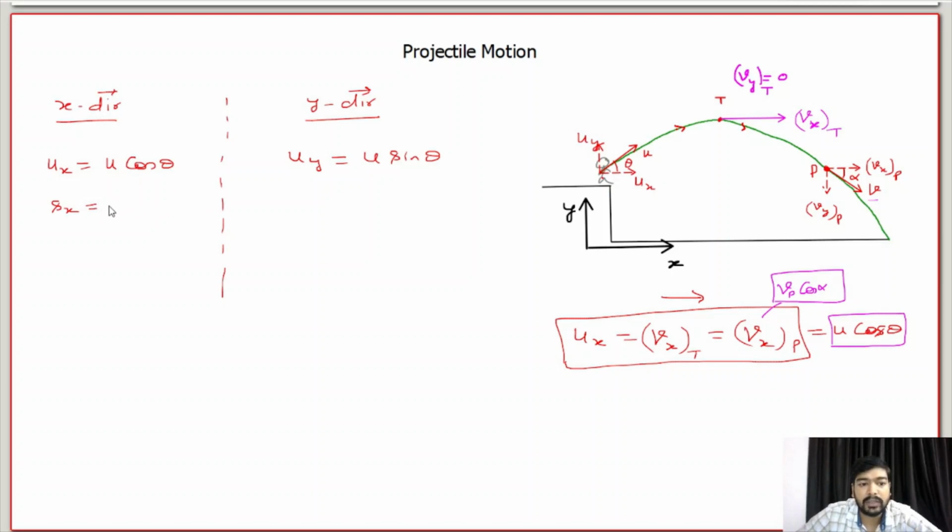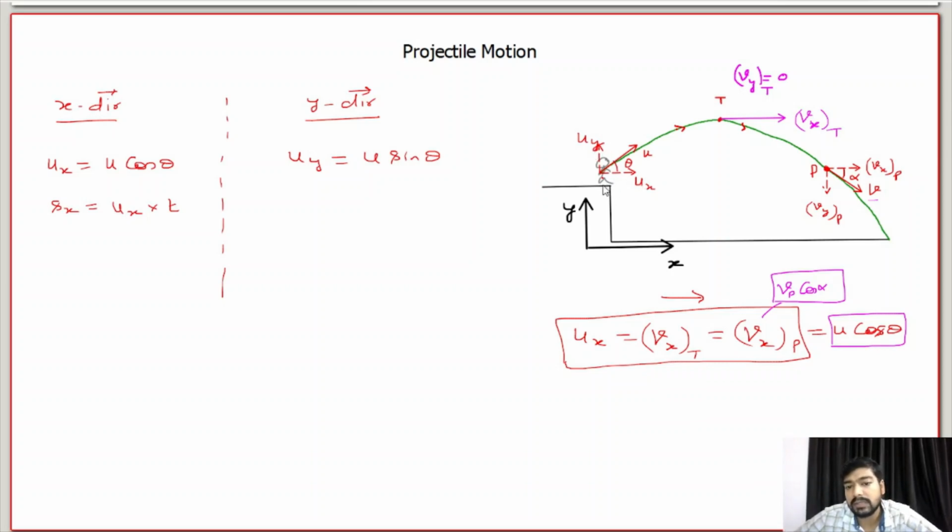Sx will be, if we know the time of travel of this particle, we can find sx. That means ux into time, right? And this sx will give the range. Range will be from the same level.